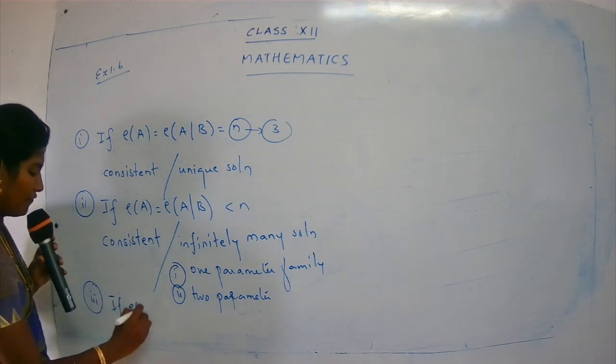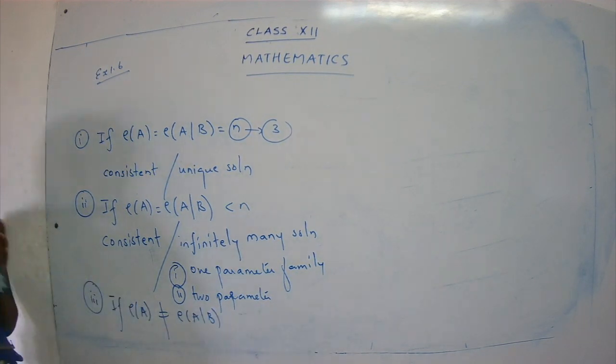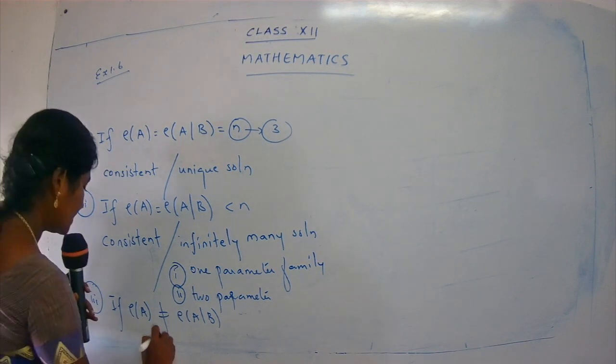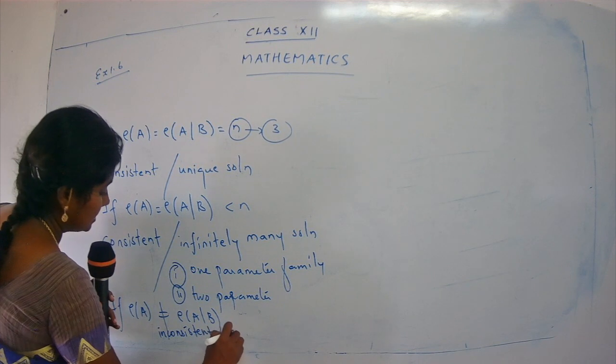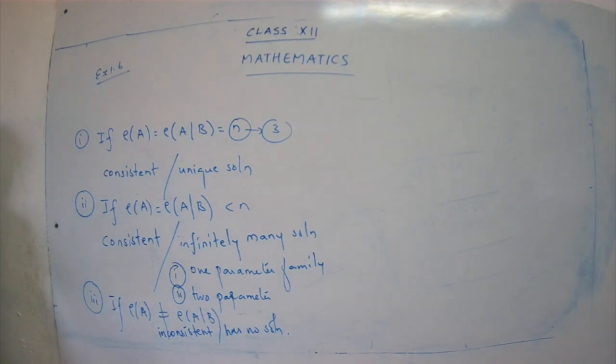If rank of A is not equal to rank of AB, we say the system is inconsistent and it has no solutions. Keep the rules in your mind so that it becomes very easy to solve the second and the third type of questions. So the system is inconsistent and it has no solution. Those are the very important rules to be followed.